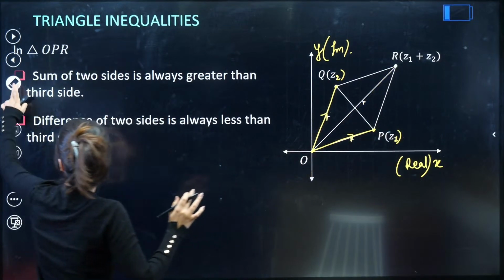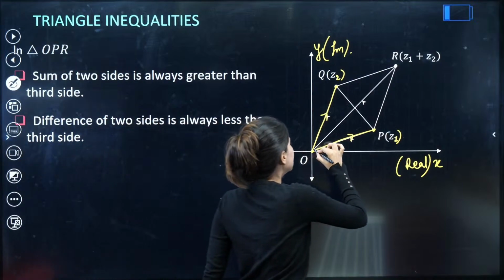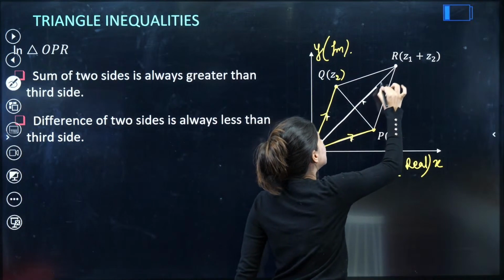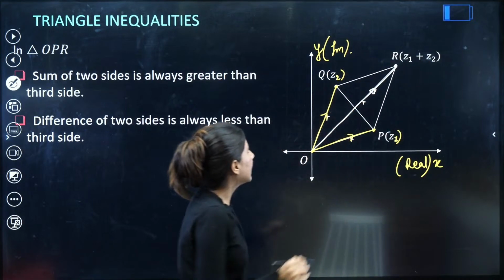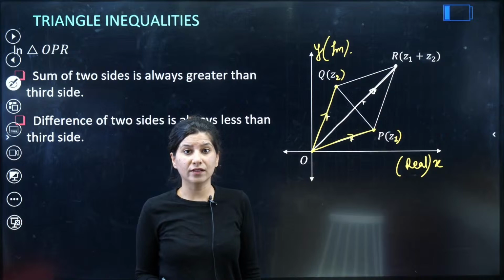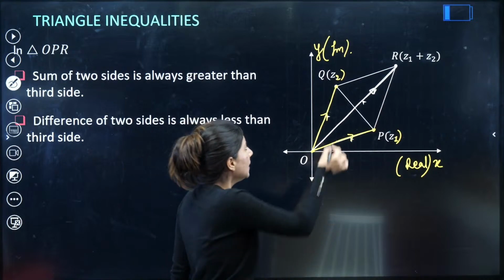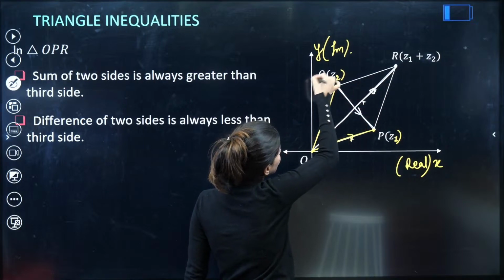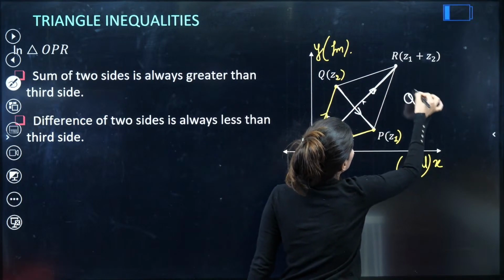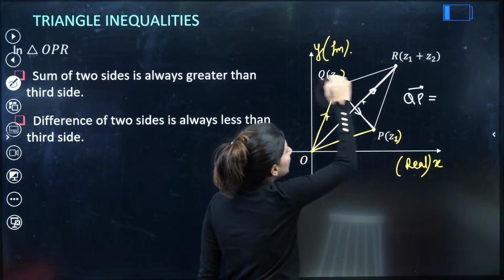So this middle vector is OR vector, which is a resultant vector. And what about PQ vector or QP vector? QP vector will be nothing but Z1 minus Z2, right?